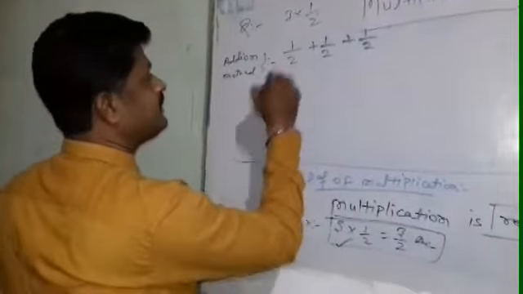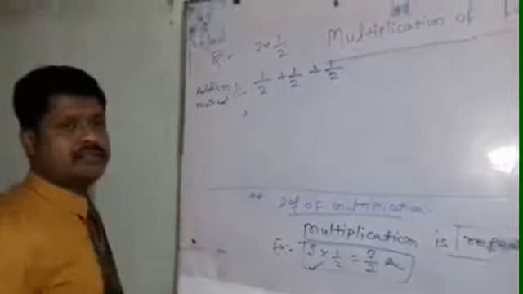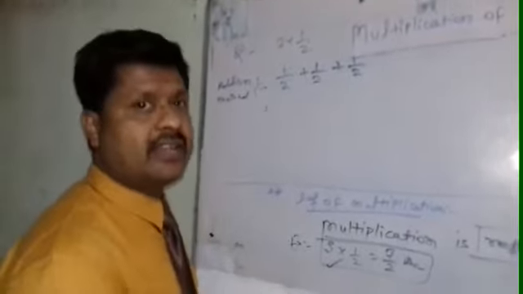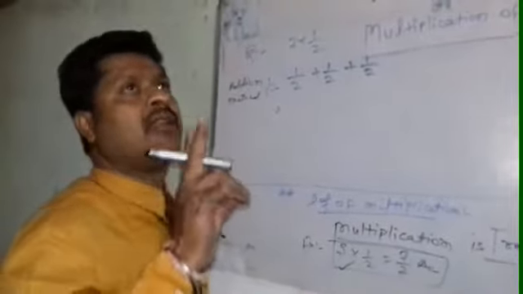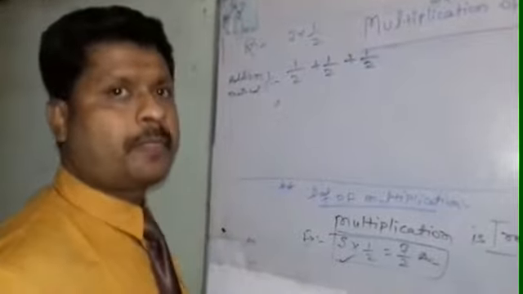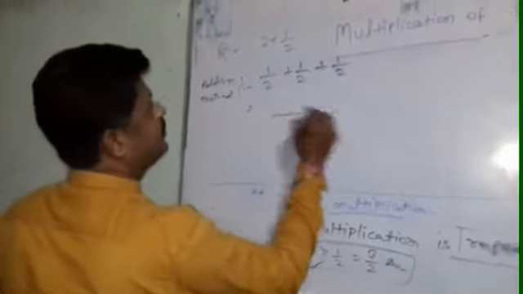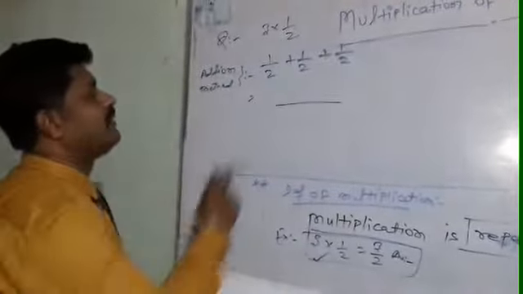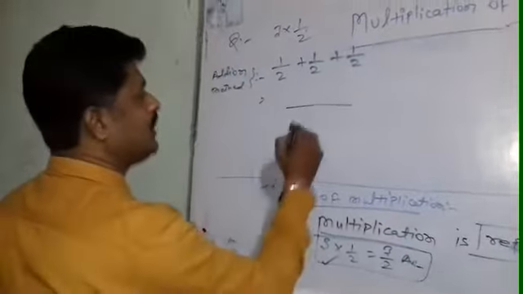You know very well, this is the process we explained in our earlier classes, in the third lecture. Firstly we take the LCM of 2 and 2, and we get 2.